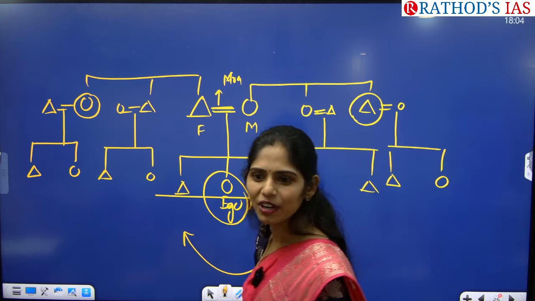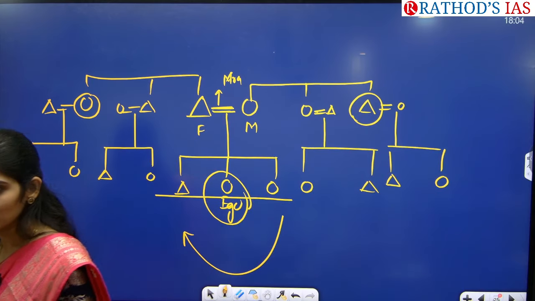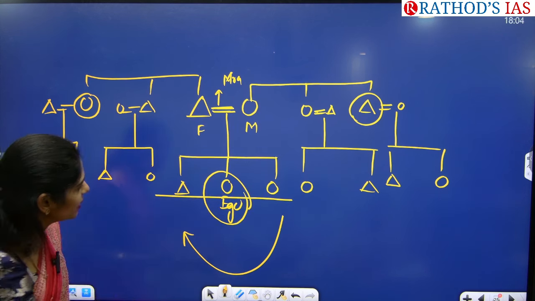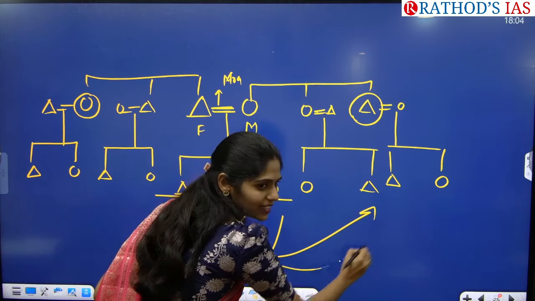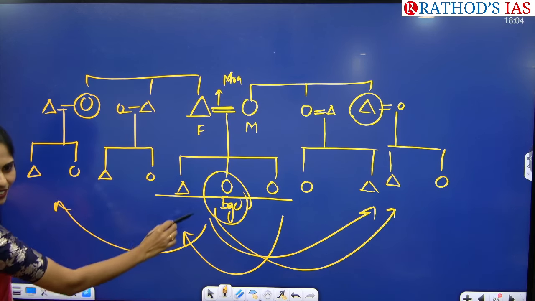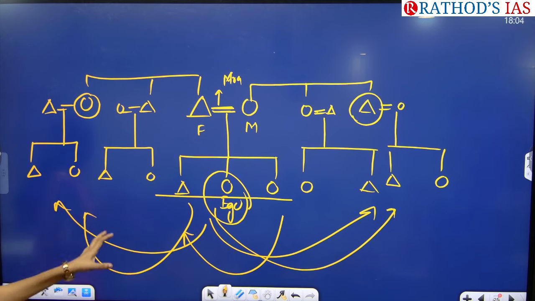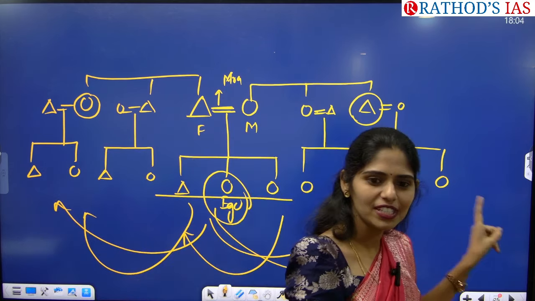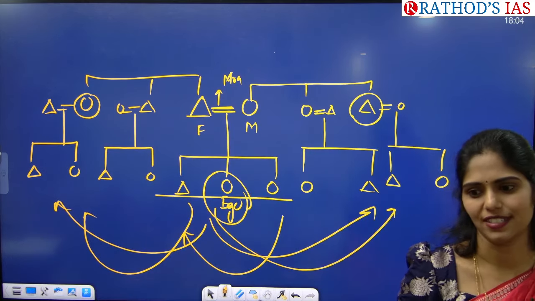For example, if it is a matrilineal or matriarchal society where women's side people are more powerful, then this person should marry only people from this side. If it is a patriarchal society, this person has to marry people from this side. So based on these marriage rules and regulations, we have these different types of kinship terminologies.